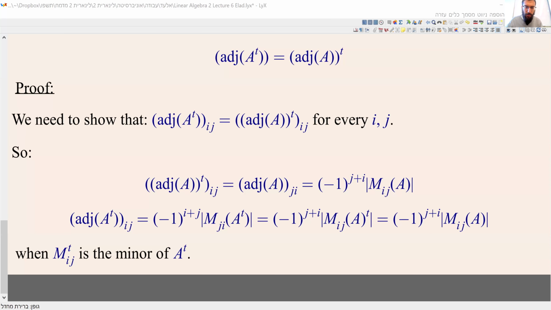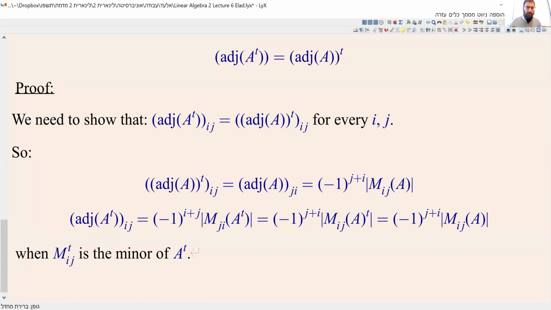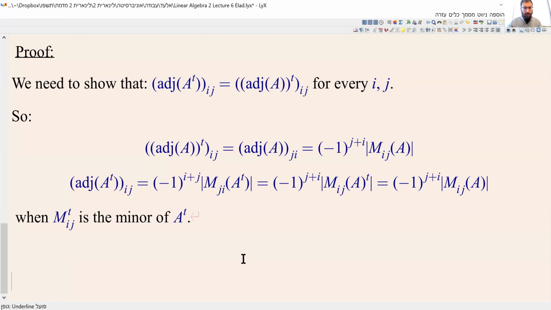So now, how do we use this proposition to prove our main theorem?